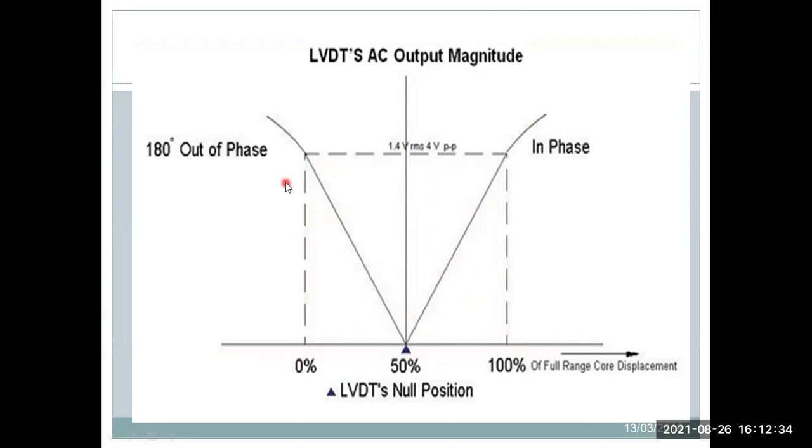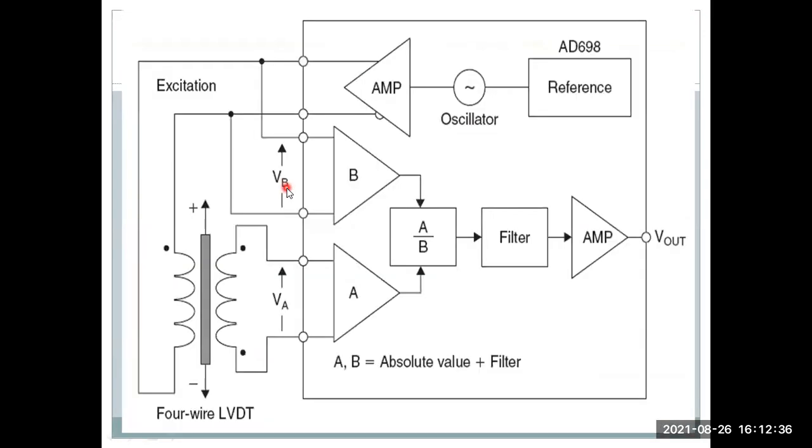Okay, this is the graph. And now, how does the LVDT measure the displacement? This is the primary and this is the secondary. In the primary we are getting some 1 to 4 kilohertz AC signal, and then as per that the secondary will give some output.